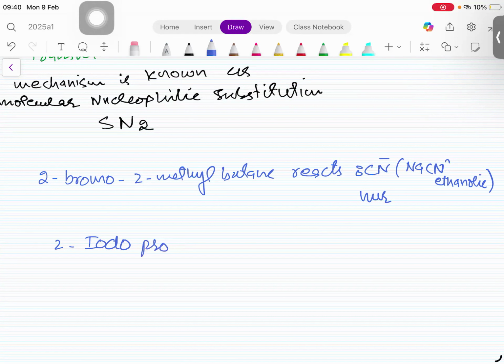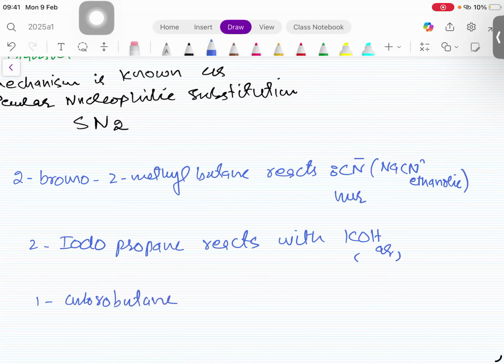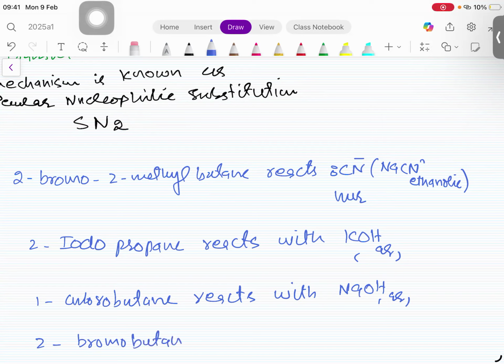Mechanisms. First the reaction, and then you have to write the reactions and mechanisms for all these reactions. 2-iodopropane reacts with aqueous KOH. 1-chlorobutane reacts with aqueous NaOH, or 2-bromobutane reacts with aqueous KOH.